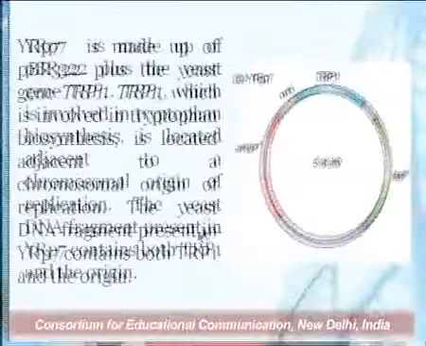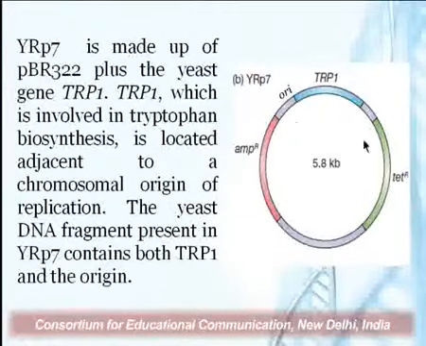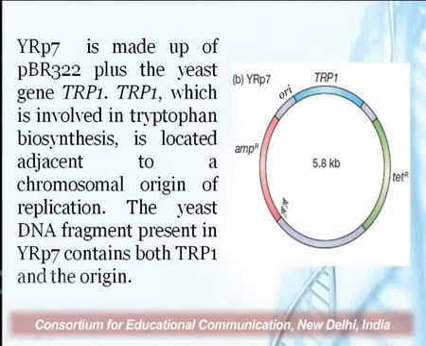So, they can multiply as independent plasmids. They also contain selectable marker genes, but they also contain multiple or single origins of replication so that they can replicate inside the yeast host cells. So this is an example of a YRP, which is basically containing a gene such as this TRP1, and this contains the origin of replication along with it. So this is the yeast fragment which is coming.